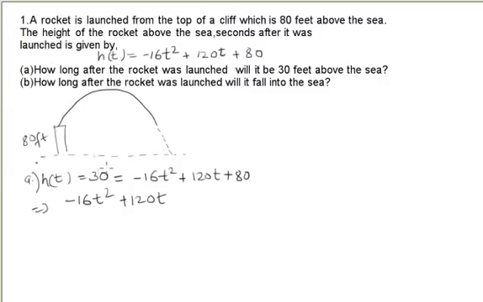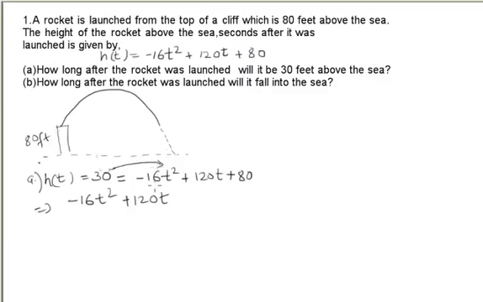I can shift this 30 to the other side, and I'll have 80 minus 30. This implies minus 16t square plus 120t plus 80 minus 30, which is 50, equals 0.